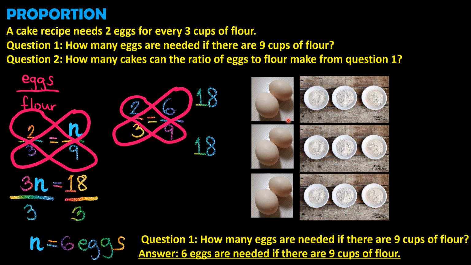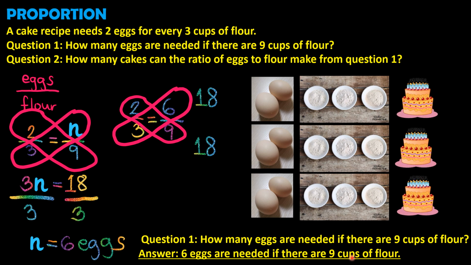So this is our picture. And this pair of eggs and flour will make 1 cake. Another pair would make another cake. Another pair would make another cake. So each 2 eggs paired with 3 cups of flour will make 1 cake.